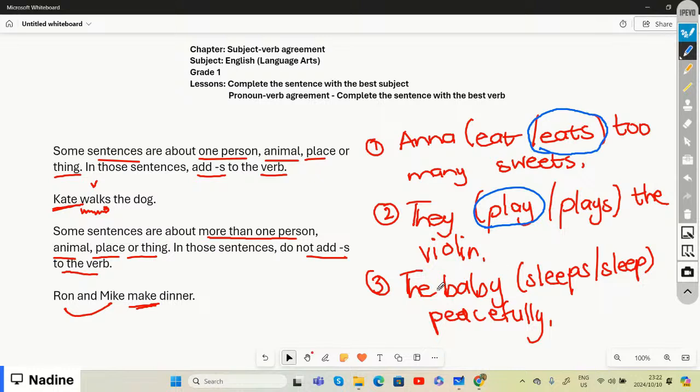And the last one says the baby. Do we say the baby sleeps peacefully or do we say the baby sleep peacefully? The baby is one person. And for one person, do we say one person sleeps or one person sleep?